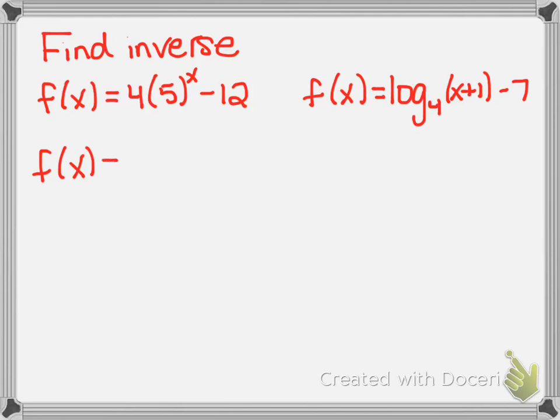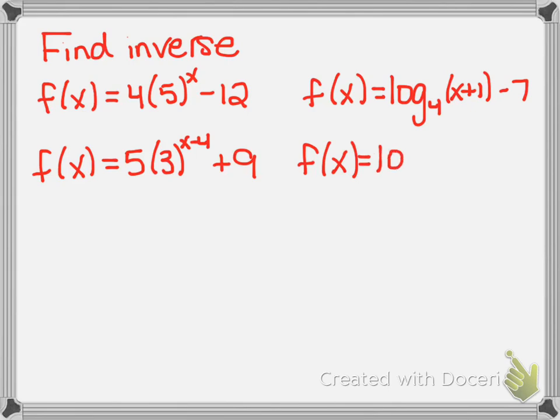F of x is 5 times 3 to the power of x minus 4 plus 9. And last but not least, f of x is log base 12 of x minus 6 plus 2.